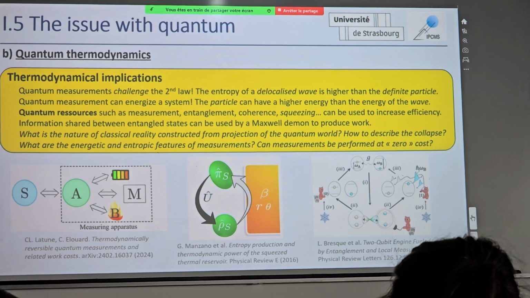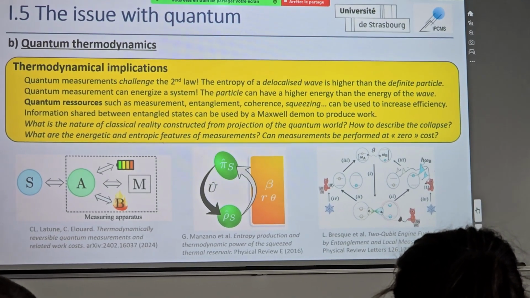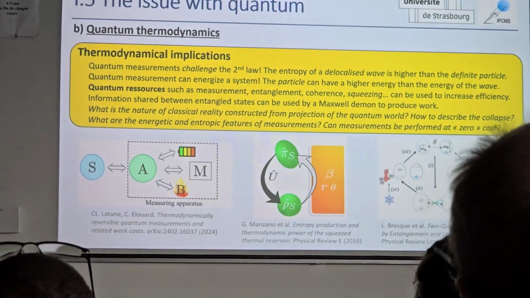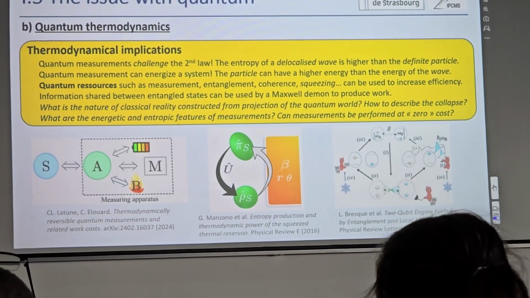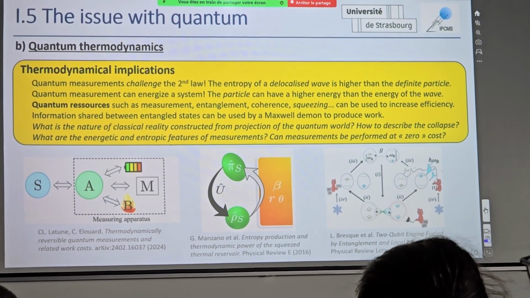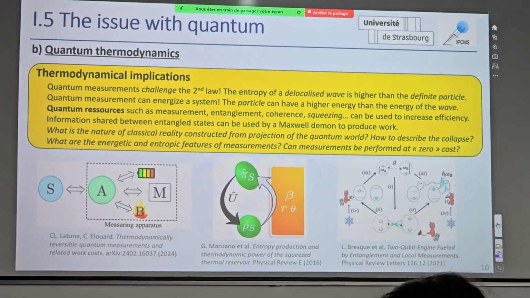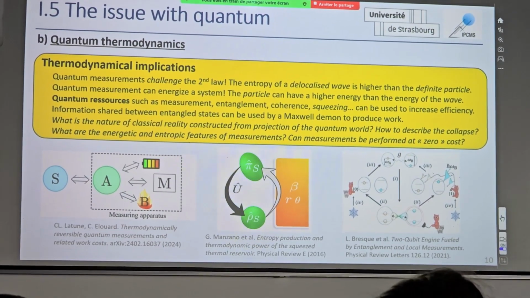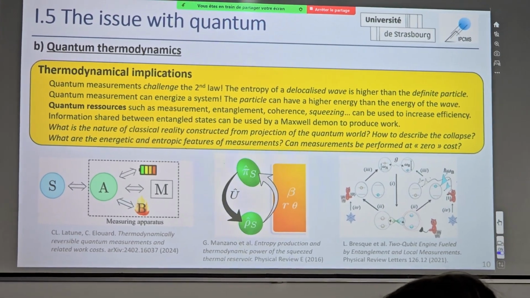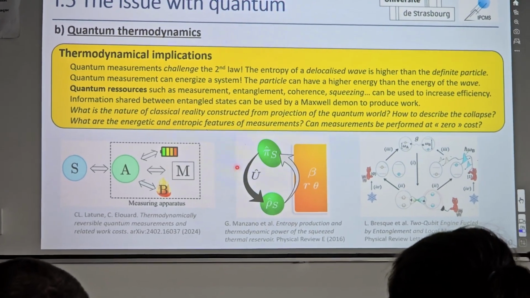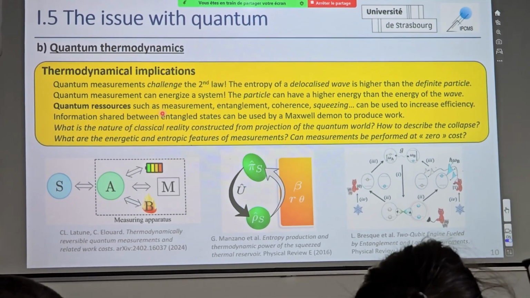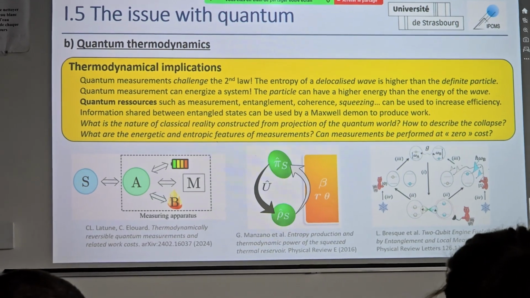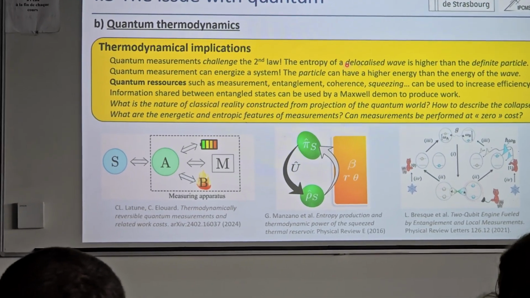And so, following this, this quantum measurement problem raises deep questions about the nature of reality. And following these lines of thought, scientists are now trying to explain the thermodynamical implications of measurements, and they are also trying to build new kinds of engines that rely on so-called quantum resources that describe the real properties of the quantum world, such as measurement, entanglement, coherence, and squeezing.